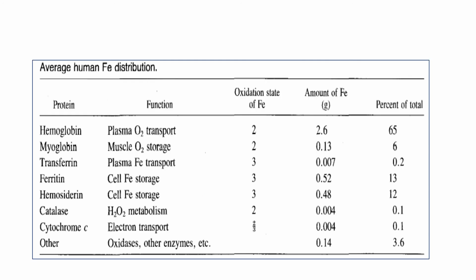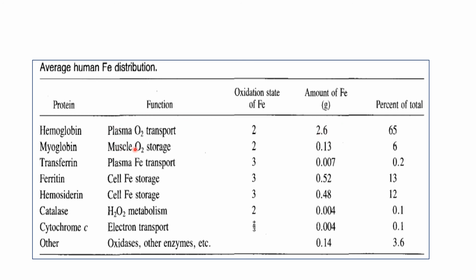So here you can see a table that contains the average human iron distribution. Hemoglobin is a protein whose function is plasma oxygen transport. The amount of iron is 2.6 gram, that is 65% of the total. Myoglobin, muscle oxygen storage, contains 0.13 gram of iron.